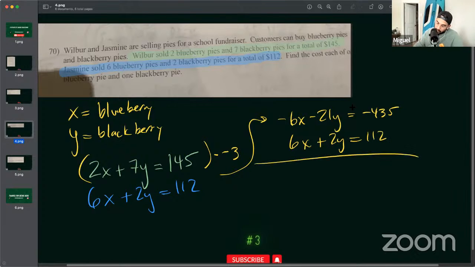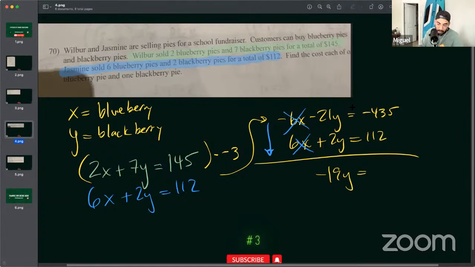And just like we did with elimination in the previous slides, we're just going to combine the like terms. Add vertically, the x's cancel out because -6x plus 6x is equal to 0. Then we have the next one, -21y plus 2y is -19y.